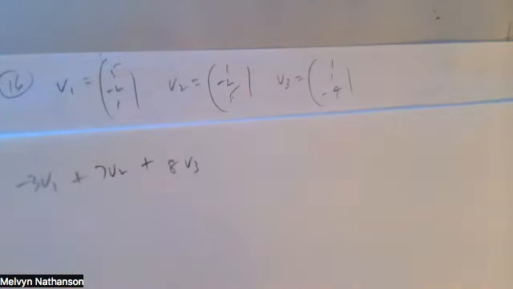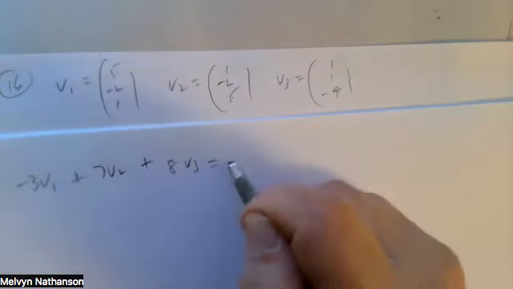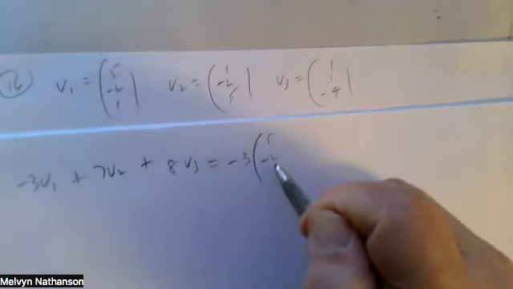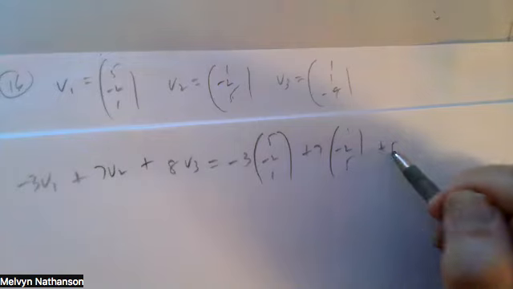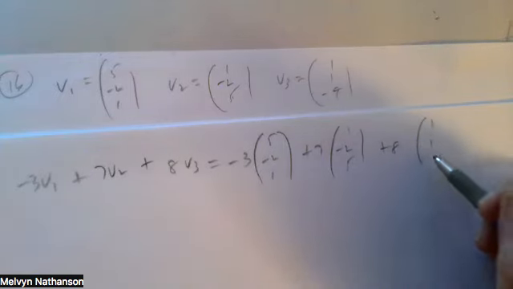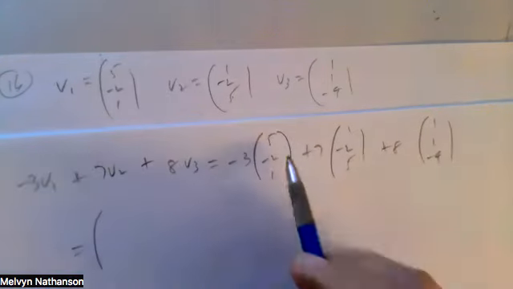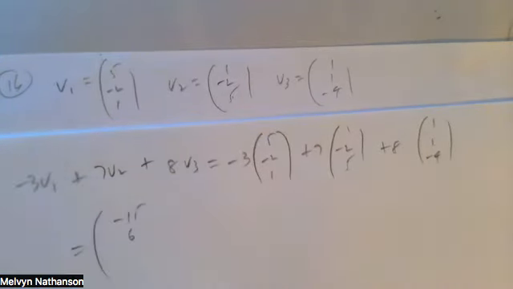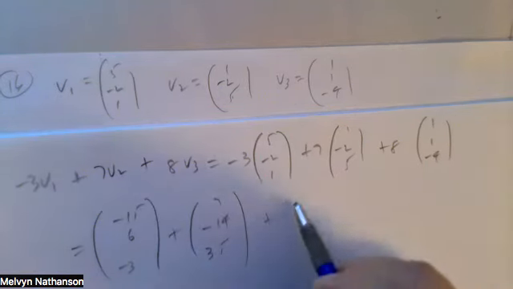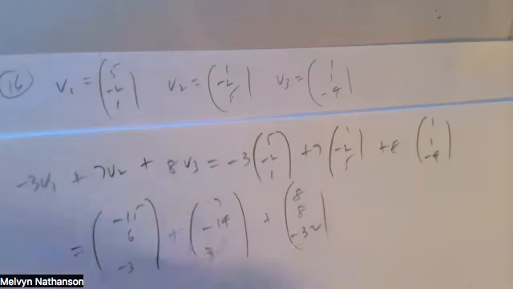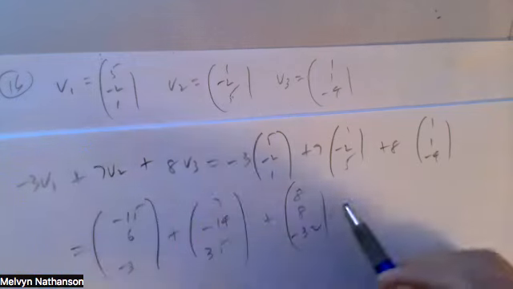So that's minus 3 times 5, minus 2, 1, plus 7 times 1, minus 2, 5, plus 8 times 1, 1, minus 4. This is minus 15, 6, minus 3, plus 7, minus 14, 35, plus 8, 8, minus 32. And you'll see when you add these vectors, you get 0, 0, 0.